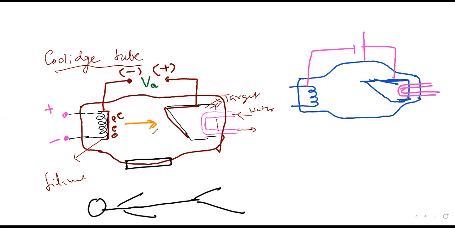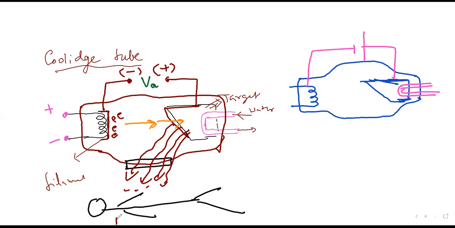That means they gain very high energy, and with a very high speed they will strike the target. When they strike, radiation will come out from this particular window, and it will serve our purpose.